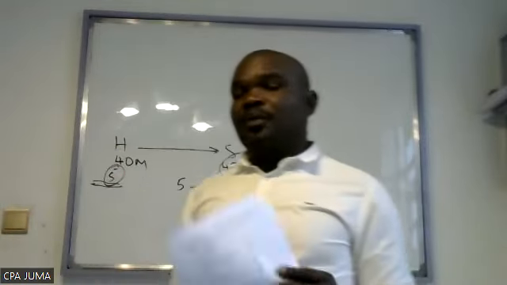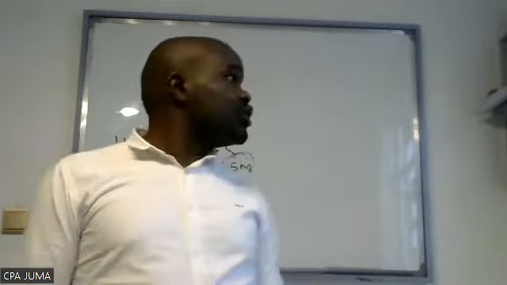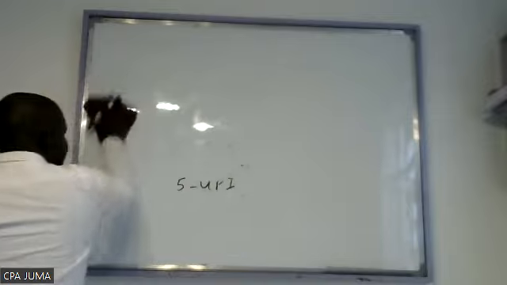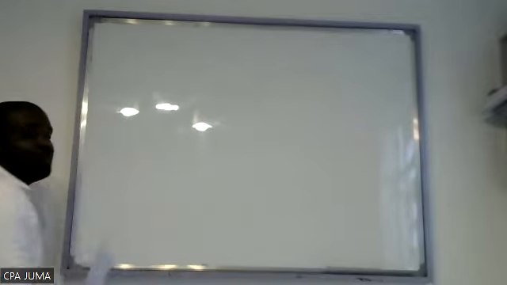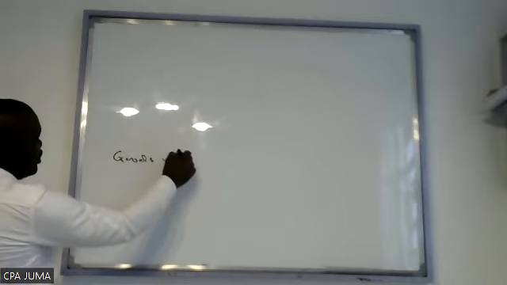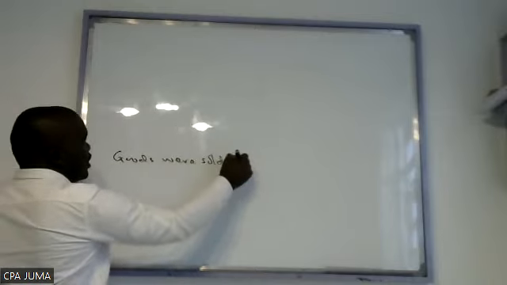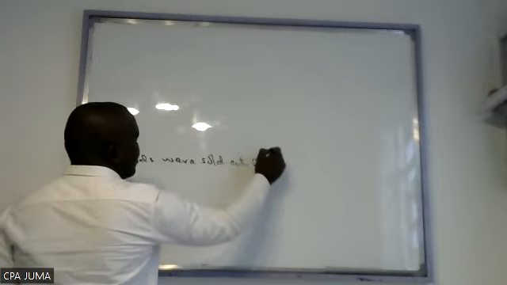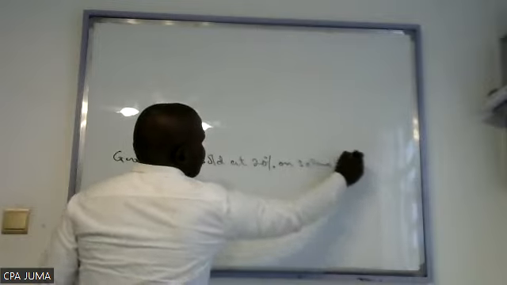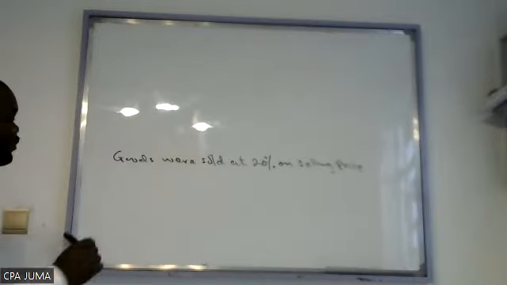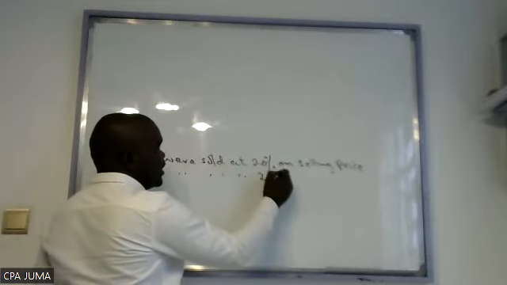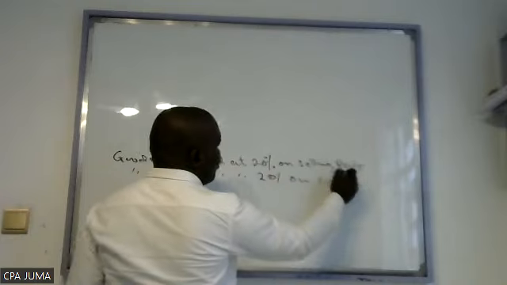Before I go on, however, there is something critical which we have to know. The examiner can tell you that the goods were sold at 20% on selling price, or they can say that goods were sold at 20% on cost.